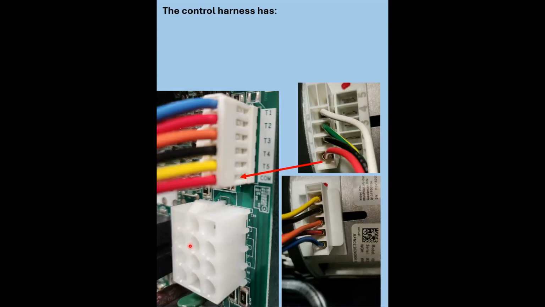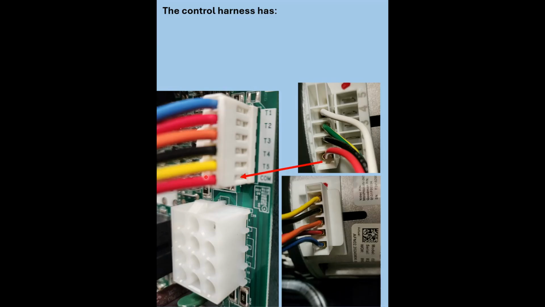And here's a better view of the red wire in that line voltage plug. That's the common for this, and here it is where it goes on the board. Just another view of our motor speed taps here. This is the red motor speed tap.